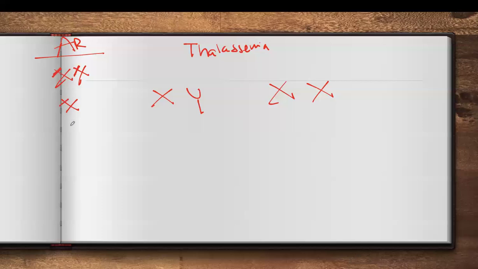If they get only one mutated gene, then they become a carrier. Okay? So let's say that in here, one of the parents, let's say the mother, is a carrier of thalassemia. Father is fine. Or we can say that both father and mother are carriers.